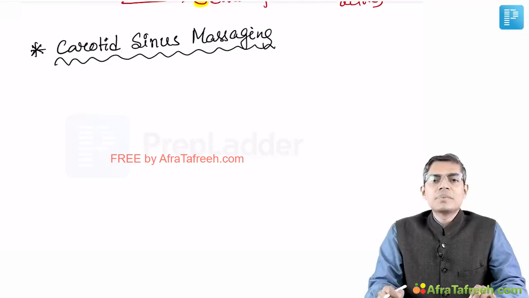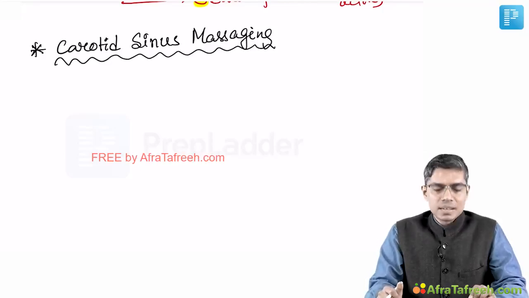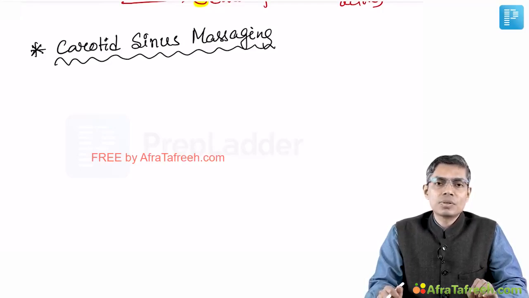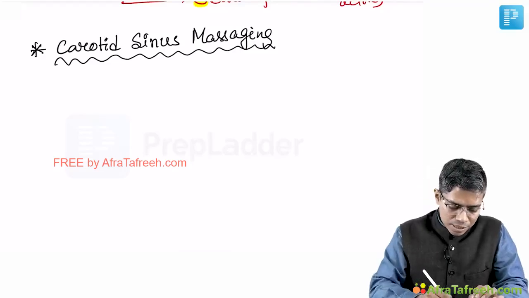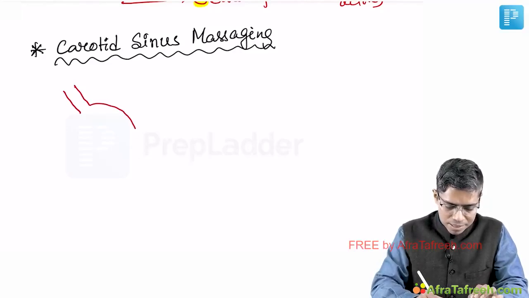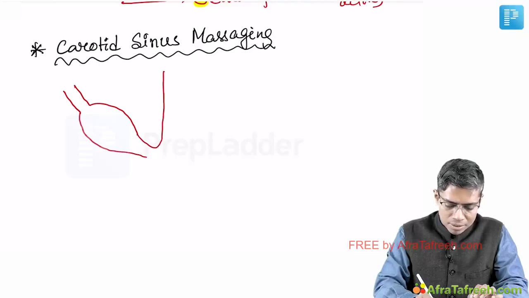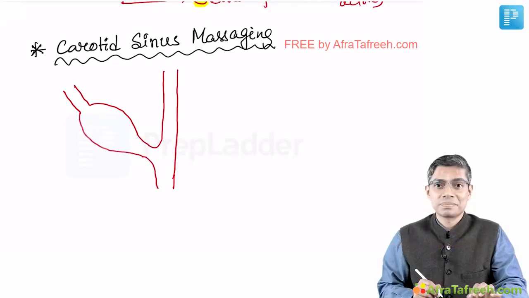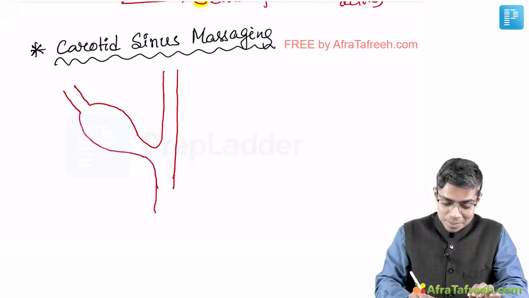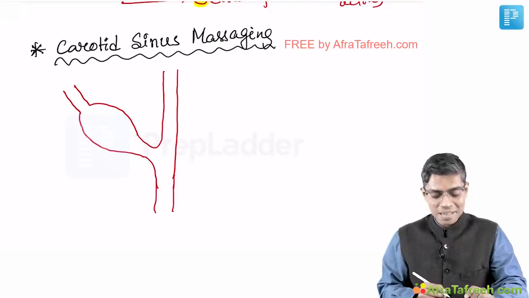Sometimes this carotid sinus massaging is done for emergency treatment of PSVT, paroxysmal supraventricular tachycardia, right? So why is that done? In physiology, they have already asked you a question regarding this. The MCQ was, if you do massaging on carotid sinus, what will happen to the total peripheral resistance?